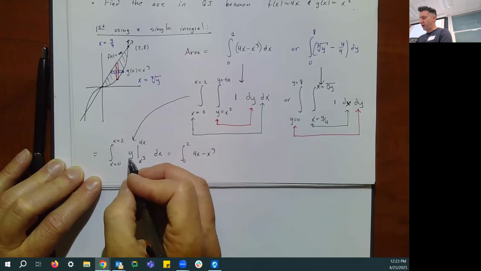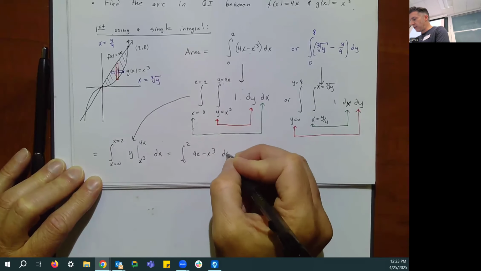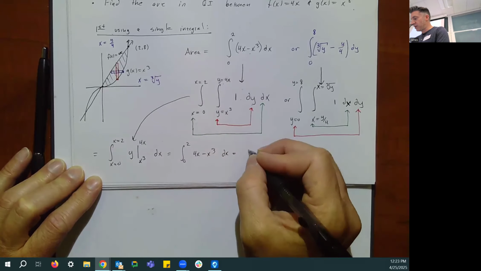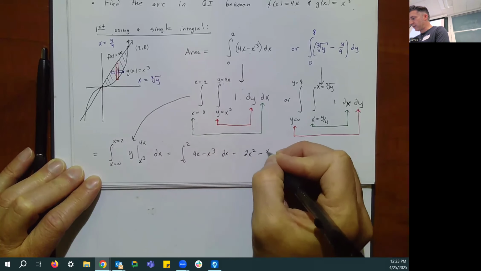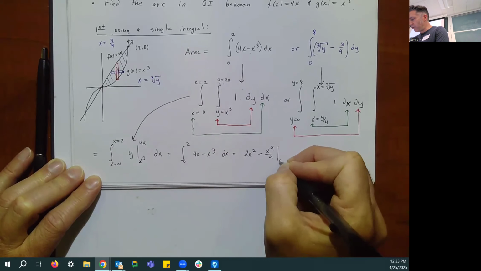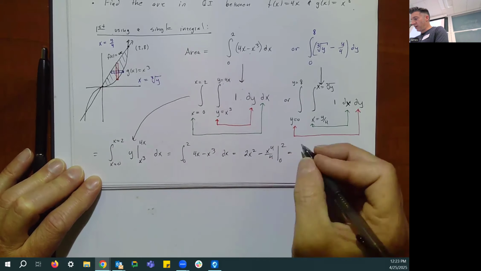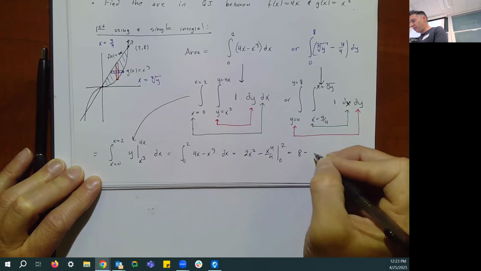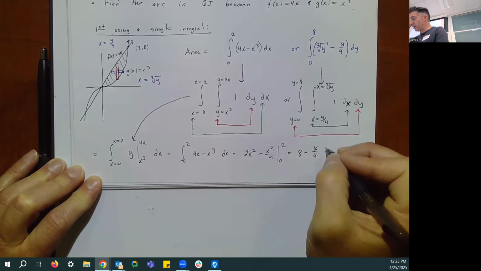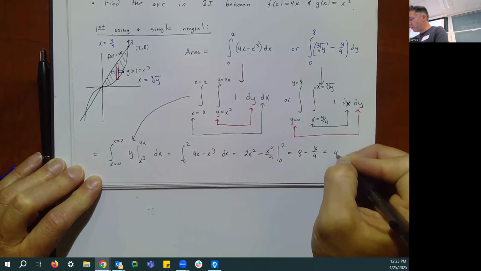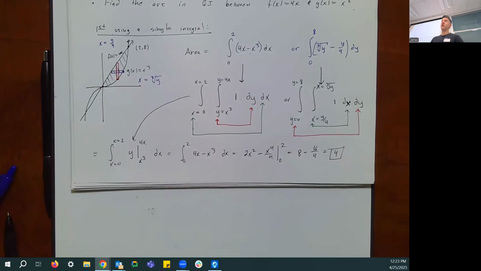We're just plugging in 4x for y and x cubed for y. And then finally, we antidifferentiate this. We get 4x squared over 2, which is 2x squared, minus x to the 4th over 4, evaluated from 0 to 2. We plug in. We get 2 times 4, which is 8, minus 2 to the 4th divided by 4, which is 16 divided by 4. Minus 0 is equal to 4. So that's how much area is actually there.